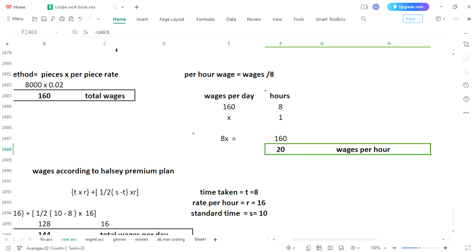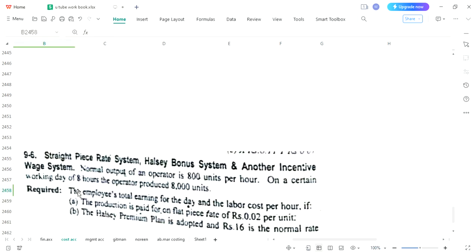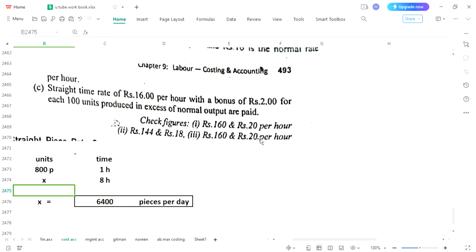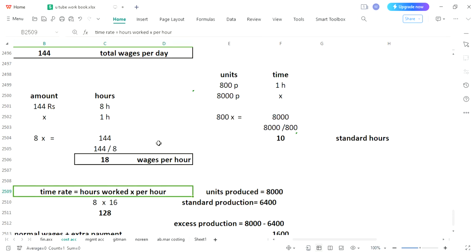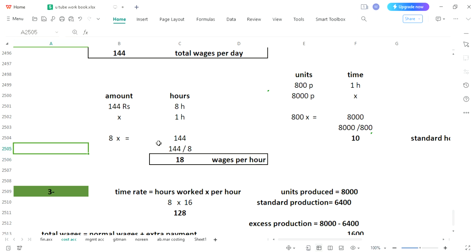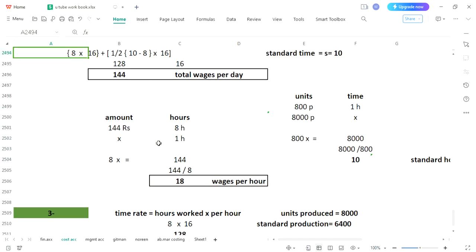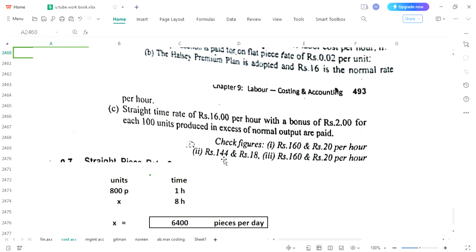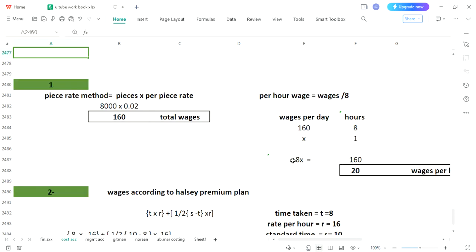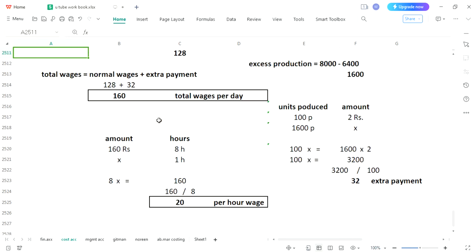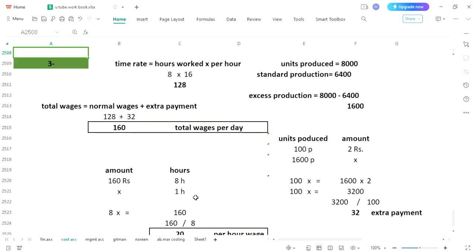So 160 and 20, and in the answer you can see 160 and 20. For the second part, 144 and 18. This is your second part, and answers 144 and 18. For the third part, 160 and 20. This is your third part.